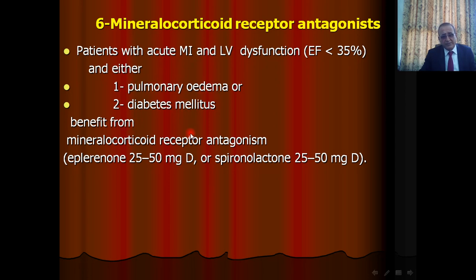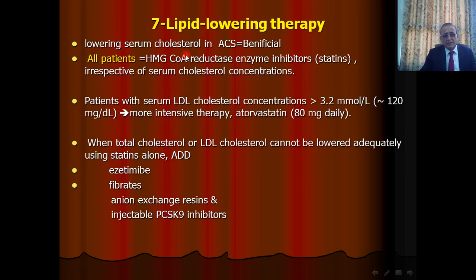The other is lipid-lowering, this is for all patients with acute coronary syndrome. All patients should receive HMG coenzyme A reductase inhibitor, the so-called statins, irrespective of serum cholesterol, because it has been found that these statins have non-lipid-lowering effect. But if you have high serum cholesterol, you might give atorvastatin, not 20 milligram or 40, you might give 80.